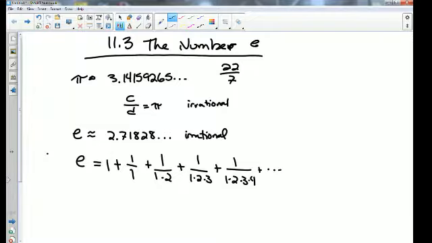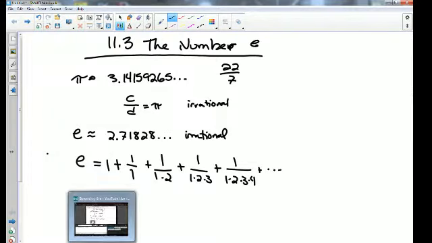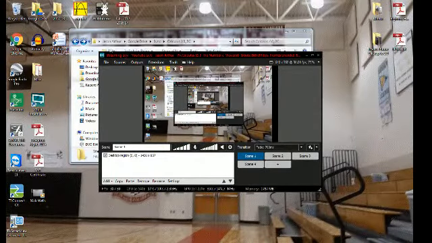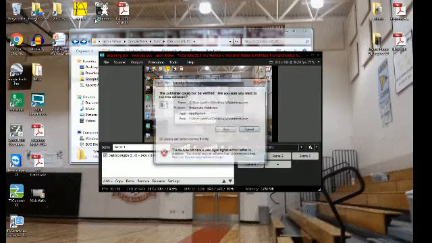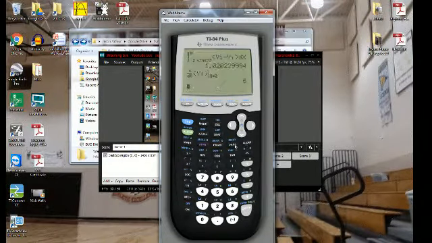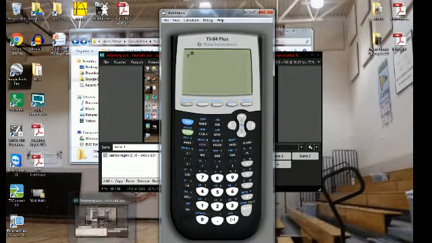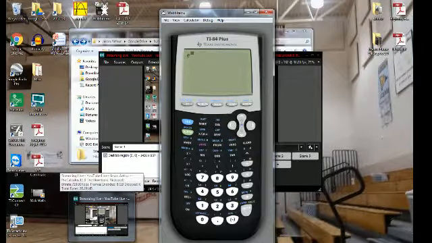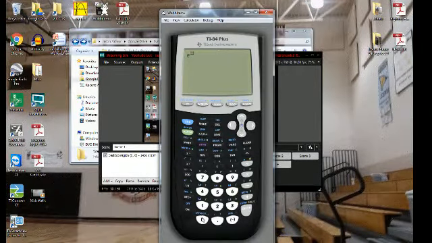Is there a pi on a calculator? There is an e on your calculator. Did you find it? It's second ln, and you're going to learn what ln means later this week. e to the first is obviously what we just looked at, right?